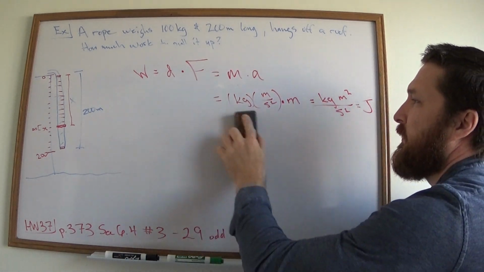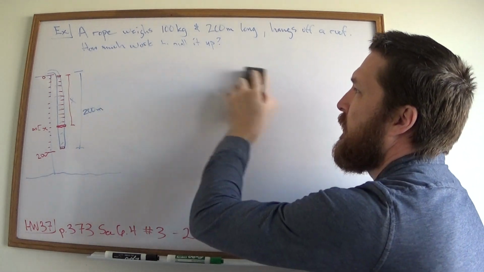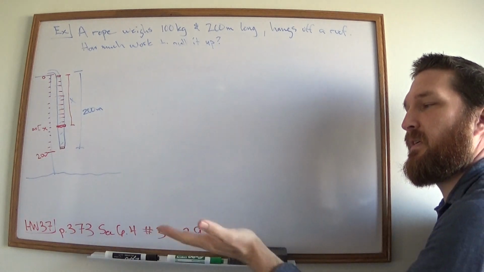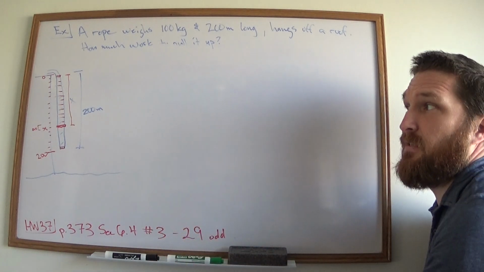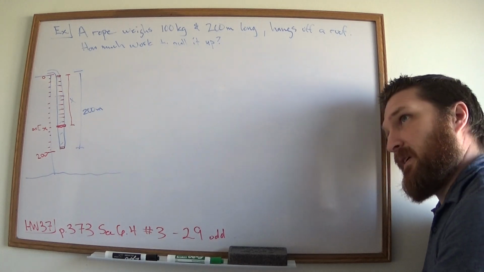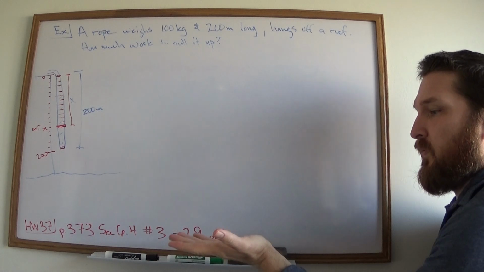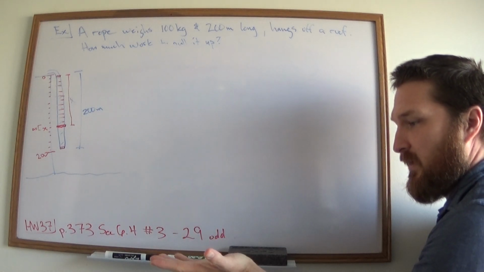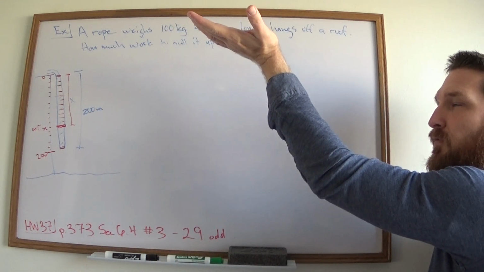A foot-pound would be how much it takes to move 1 pound through 1 foot. That's the amount of energy you expend. By the way, work is energy. That's what energy is, or it can be converted, it's the same thing. It's how much energy is expended by moving 1 pound through 1 foot. That's 1 foot-pound.